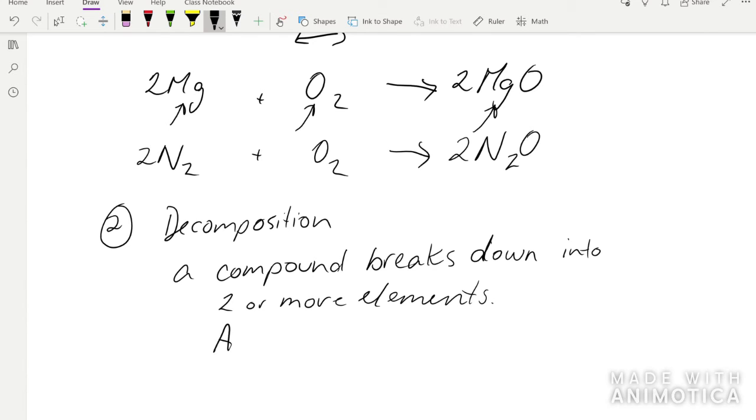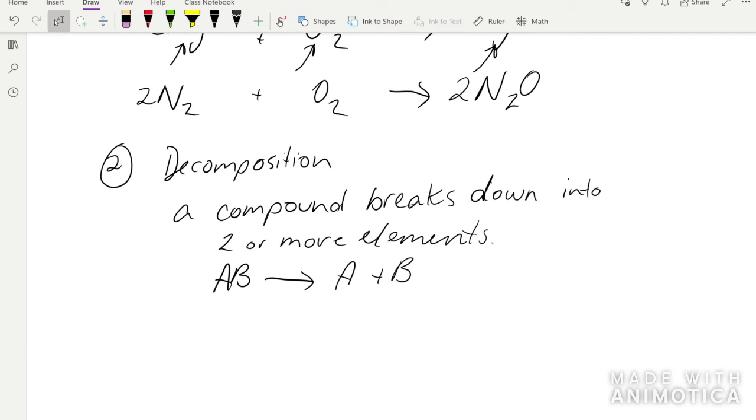So this would be AB, which is our compound, breaks down to A plus B, where again A and B both represent elements. Again, this can be ionic or covalent.